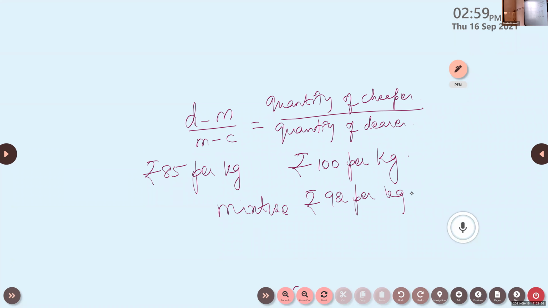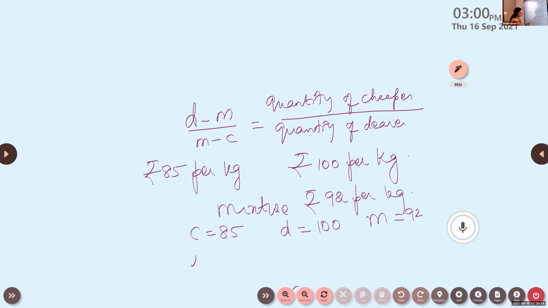So we want to find the ratio. What is C here? C is the cost of the cheaper one, 85. D is the dearer one, 100. And the mean value is 92.